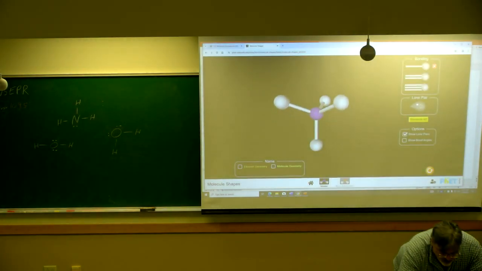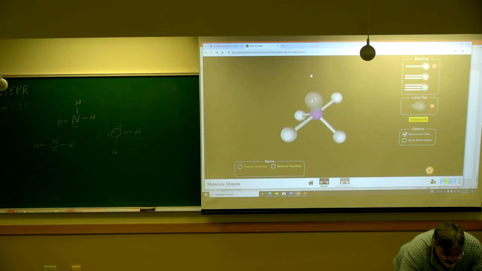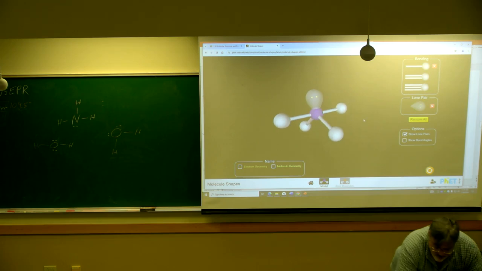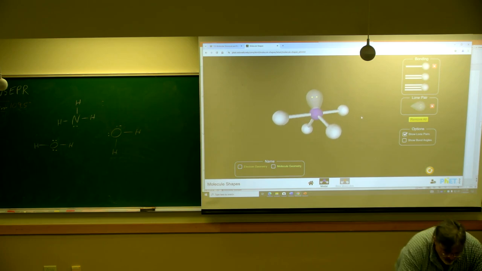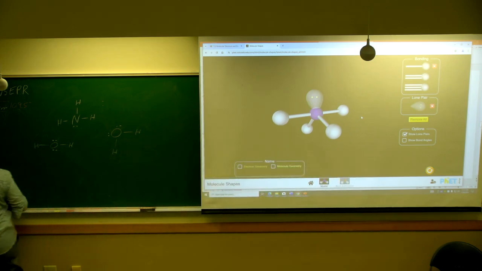If I replace one of those, can you see it's like a seesaw? This is the base of the seesaw, and somebody would sit here and somebody would sit here, and it would go back and forth. So that one's called seesaw or seahorse. I hear seesaw more often than seahorse. So with one pair of electrons, 5 things around it, you have a seesaw shape.